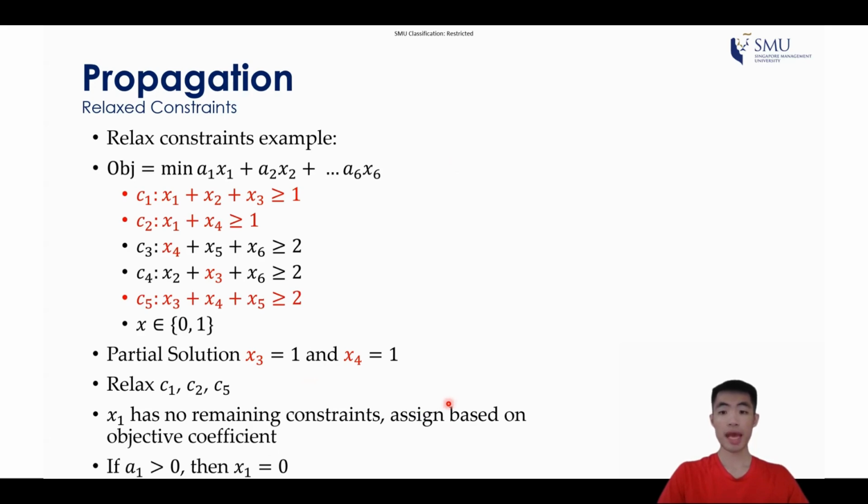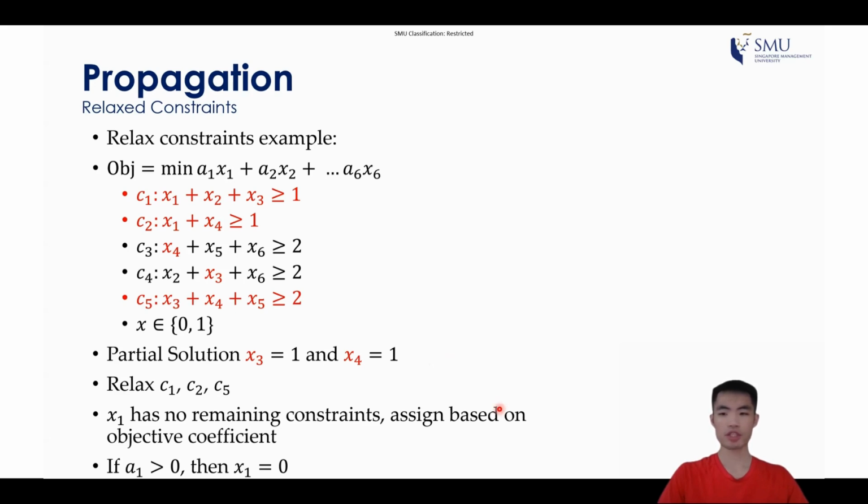Now consider when we add to the partial solution x4 equals 1. We can now relax additional constraints C2 and C5. If we follow the same procedure as before, we notice that the degree for x1 is now 0, as it has no remaining constraints tied to it. Therefore, we can infer the assignment of x1.